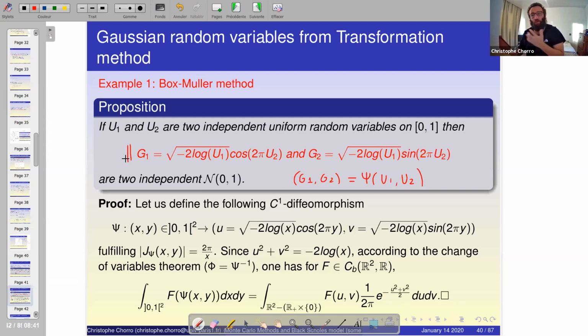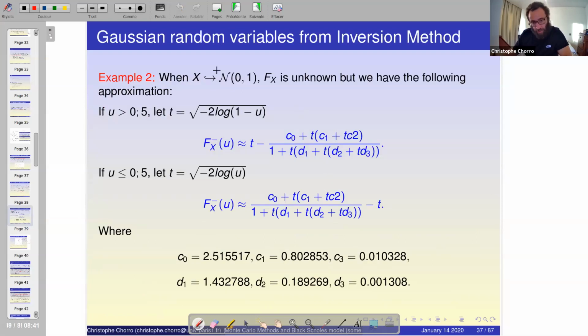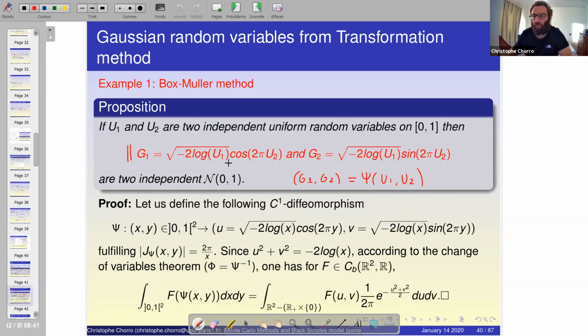a priori, you can say the following. If I use the inversion method in order to generate a N(0,1) from a uniform on the interval (0,1), I have used an approximation for the generalized inverse. So I use an approximation. When I see this formula, a priori, I say that I have an exact formula that is not based on approximation.